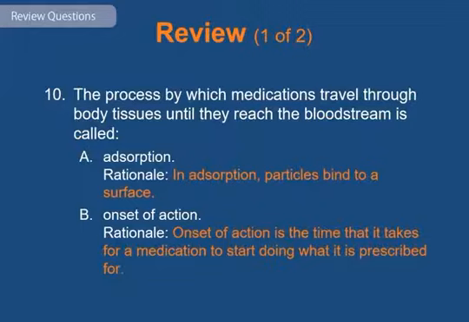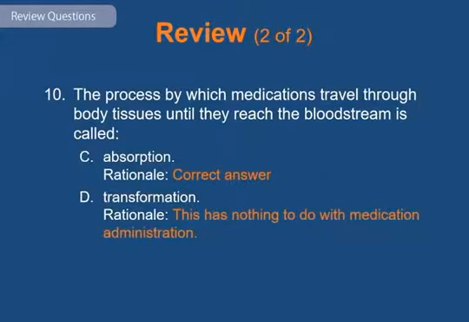That's incorrect because onset of action is the time that it takes for medication to start doing what it is prescribed for, and we just covered that a couple questions ago. C, absorption, with an B, and that's the correct answer. That's the process by which medications travel through tissues until they reach the bloodstream. And then D, transformation. That's incorrect because it has nothing to do with medication administration whatsoever.